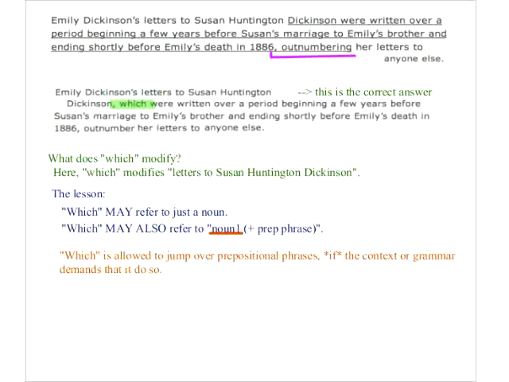Although, what we're going to talk about in a second, and I'll use some examples to illustrate this because it'll be confusing, is that it can only jump over a prepositional phrase that actually modifies the intended noun.